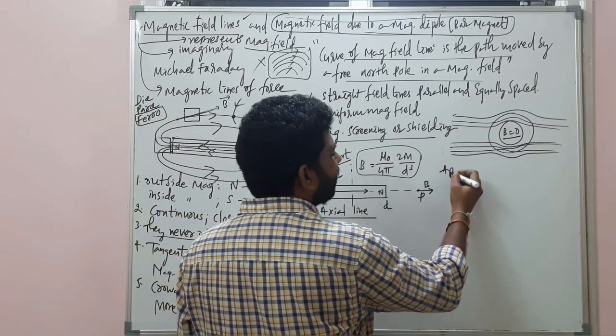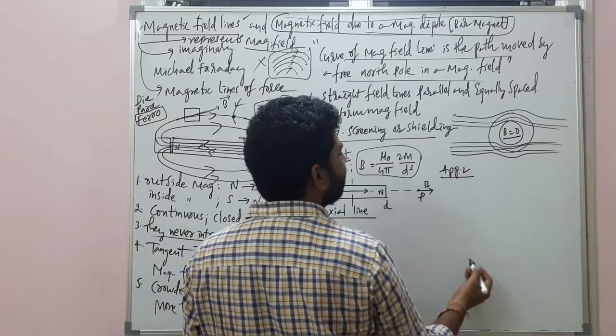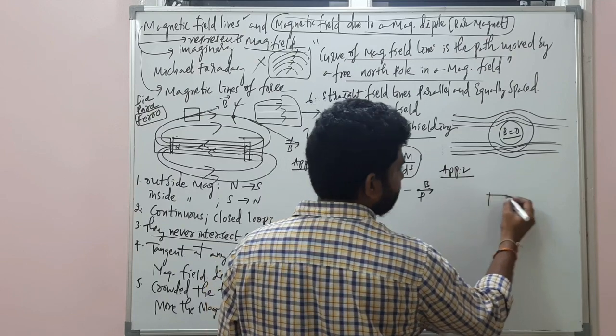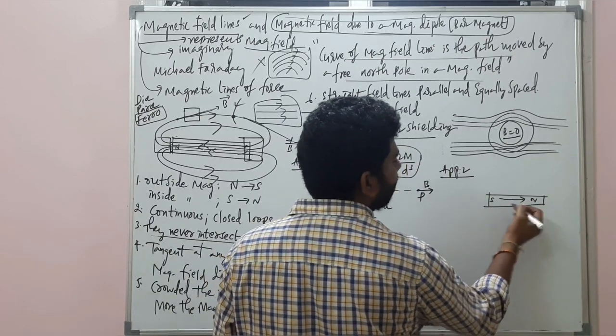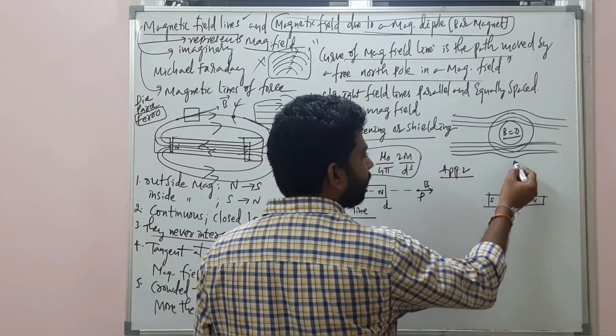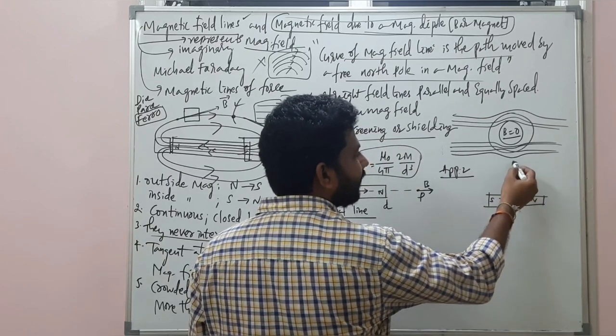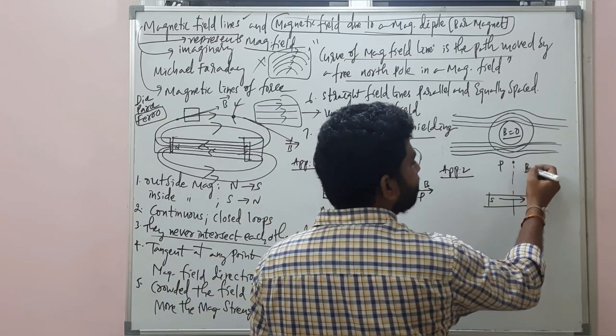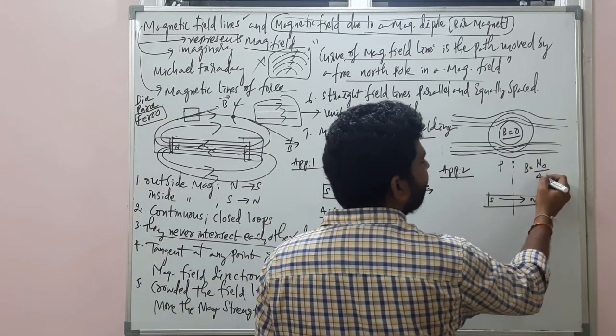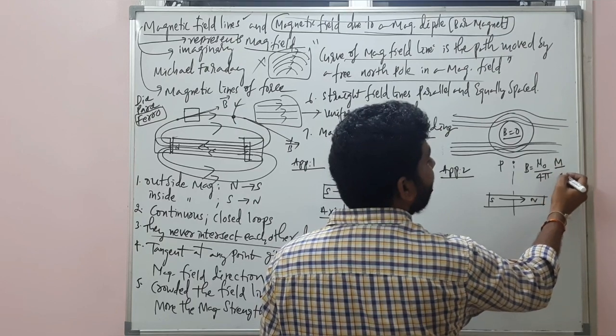So the next, second application, we can discuss here itself. This is the bar magnet with a south pole and a north pole. The magnetic moment will be like this. From the middle point, exactly at this point, the point P is here. The magnetic field at this point will be mu naught by 4 pi into m by d cube.